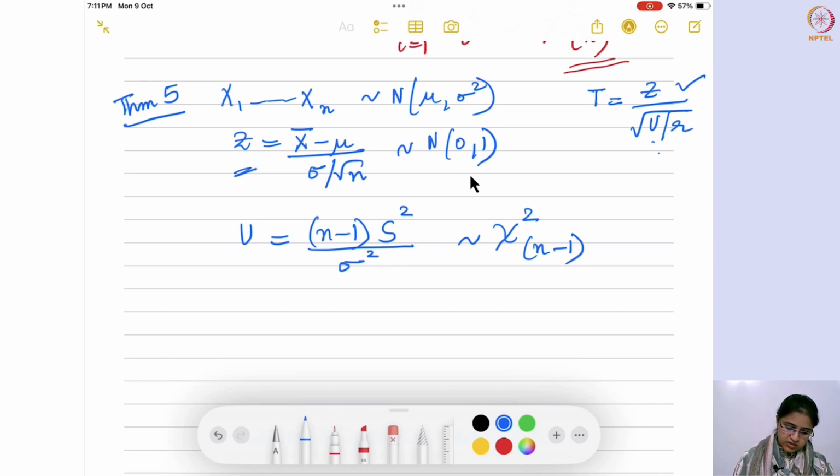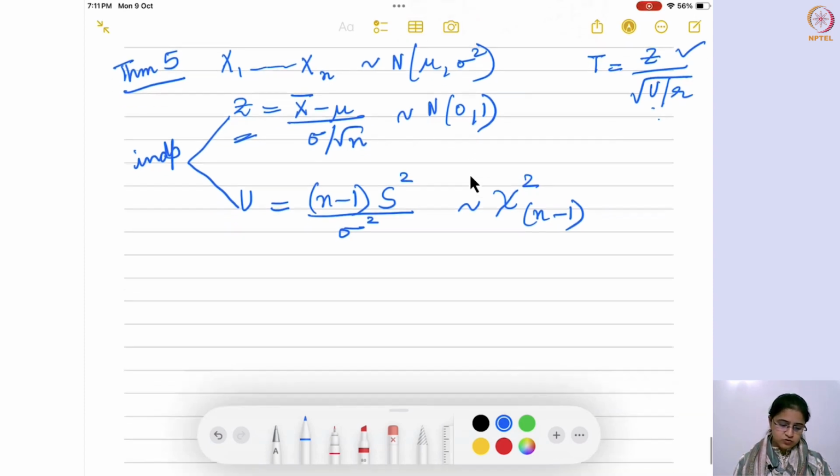And then these two random variables Z and U are also independent. This is the next result which will be coming. But since we are first talking about the sampling distribution of sample mean, I am using that theorem over here. So this is the result, that if you have U as n-1 times S squared divided by sigma squared, it will follow chi-square distribution with n-1 degrees of freedom.